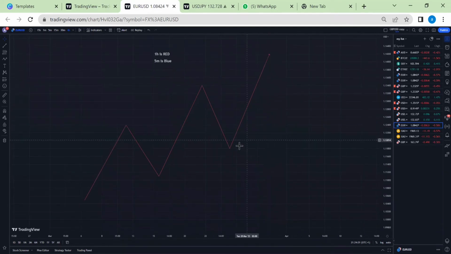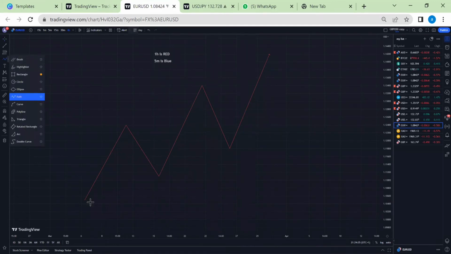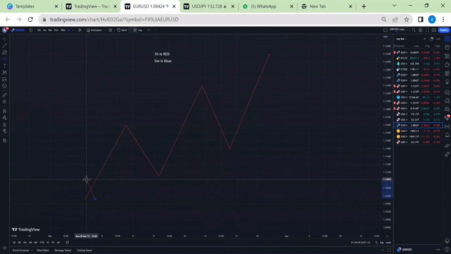Let's now say we switch to 5 minutes time frame. You are going to see something like this on 5 minutes time frame. Okay, so this is what you will see on 5 minutes time frame.